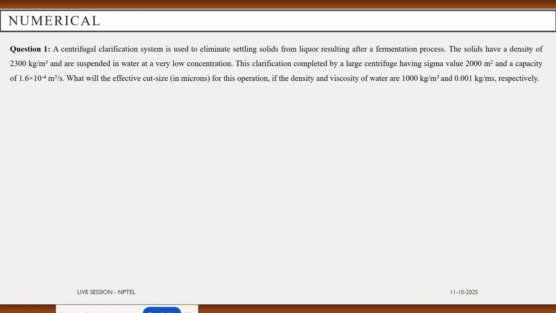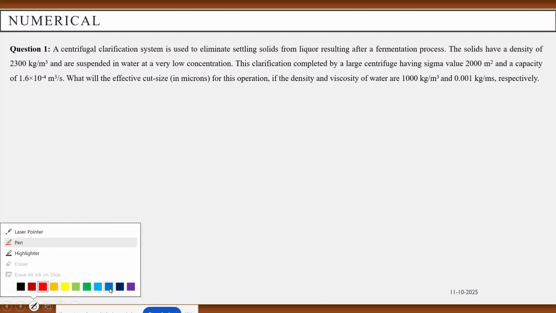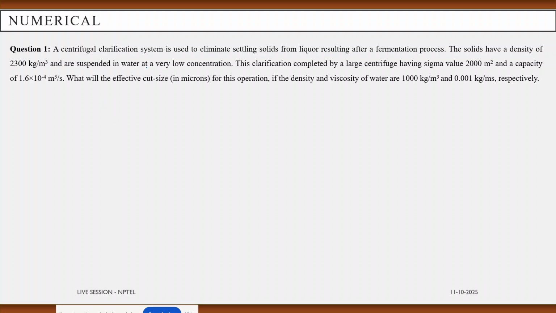Next, we are going to do some numericals. It is given that a centrifugal clarification system is used to eliminate the settled solid from the liquor resulting after the fermentation process.